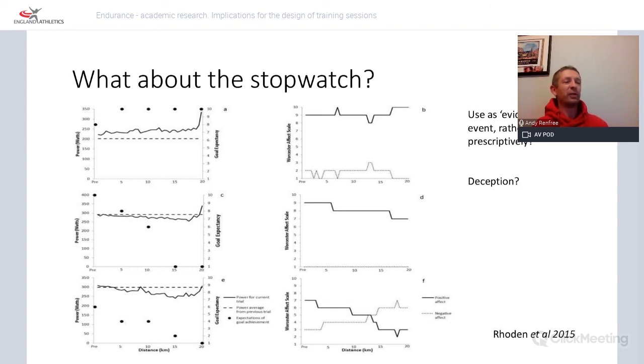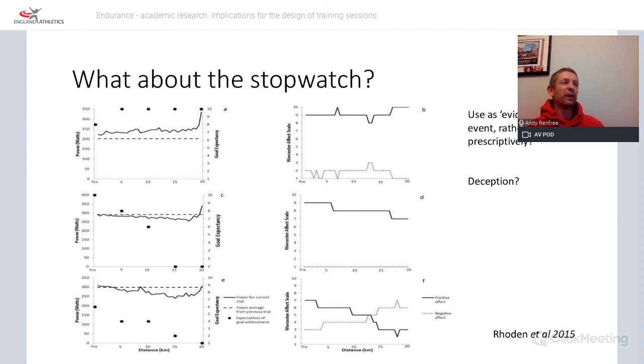So one of the things which I think might be worth trying is, rather than using evidence to prescribe pacing strategies or repetition speeds, particularly during training, occasionally you could just use it as evidence post-event rather than prescriptively. The coach could take the split times from the athlete as they run a series of repetitions or various time trials.